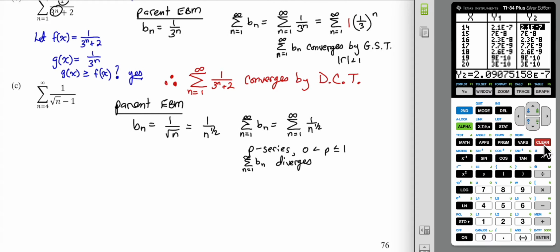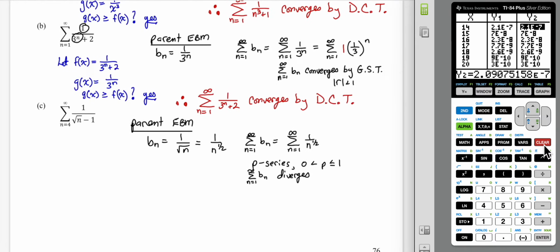Very important here to remember that we're not always looking for the same relationship between f and g. So I have, again, let f of x equal 1 over the square root of x minus the square root of x minus 1, and g of x equal to 1 over the square root of x. But now I want the relationship to be the reverse.